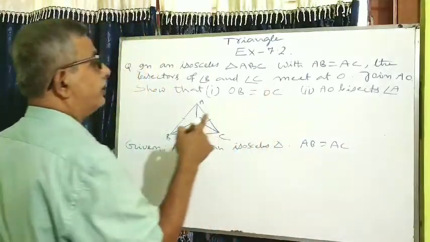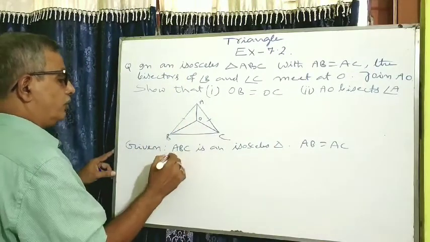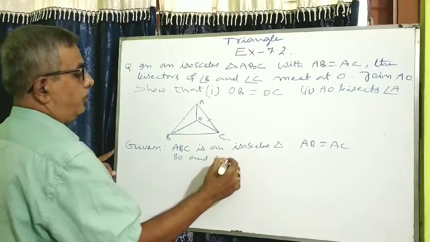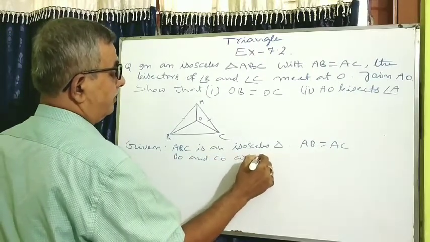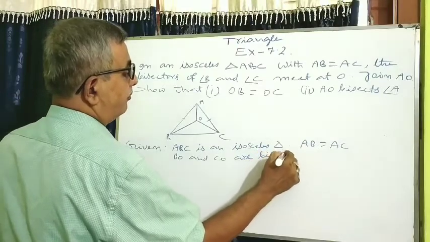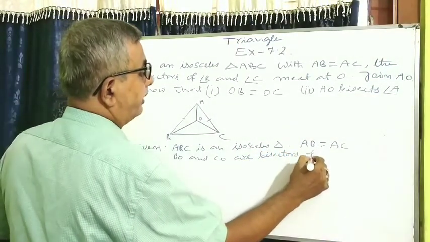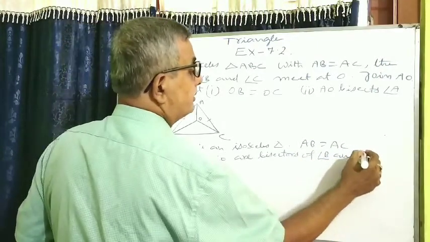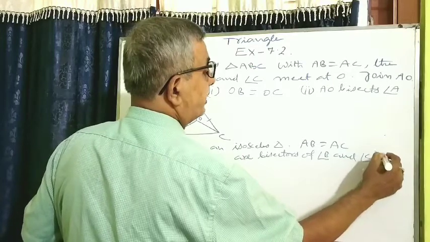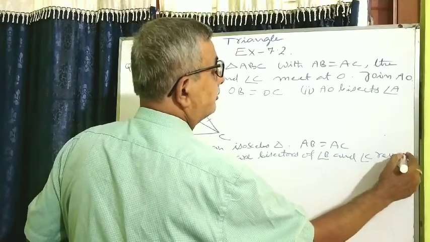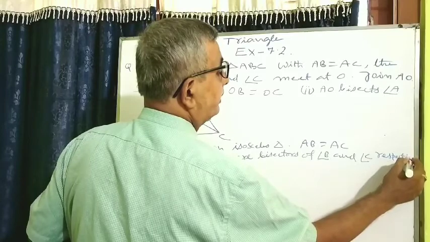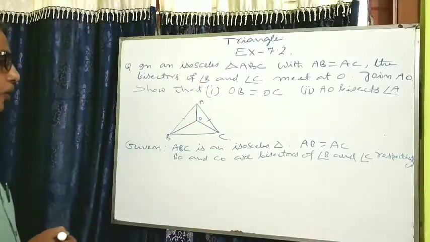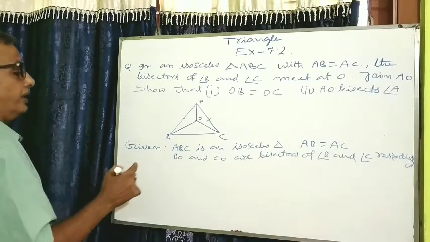Now, BO and CO are bisectors of angle B and angle C respectively. I have written here respectively. You remember it. Now what do I have to prove?